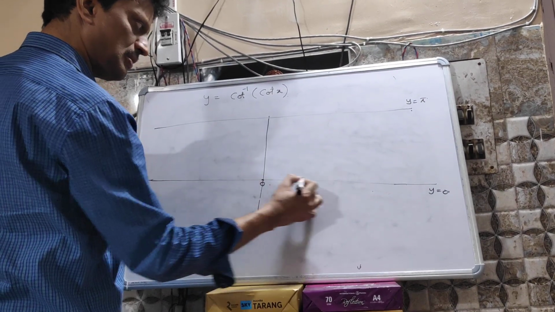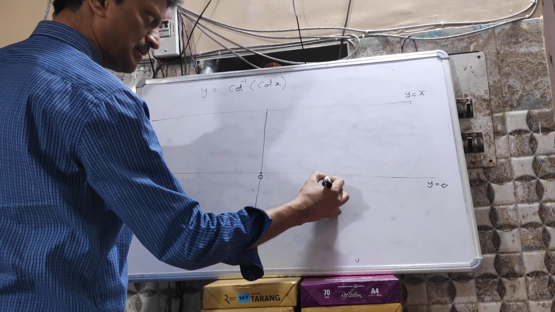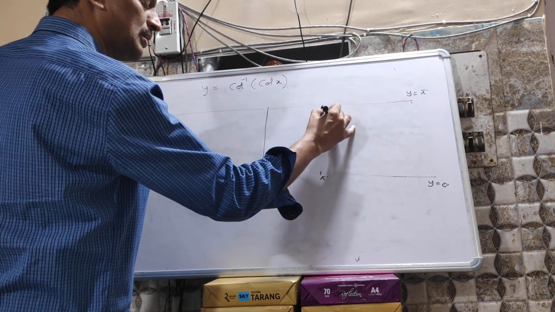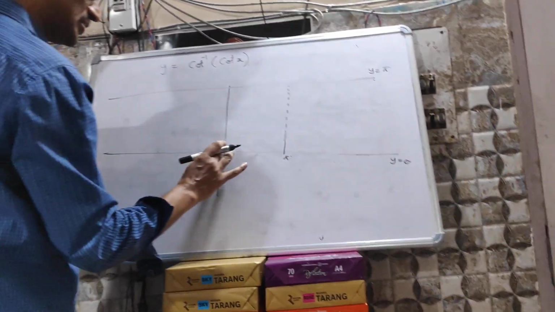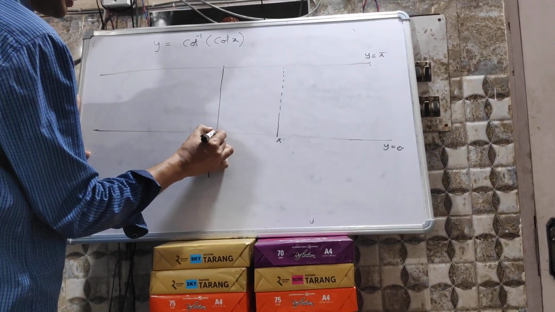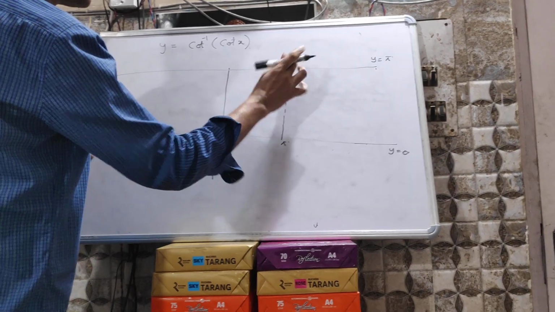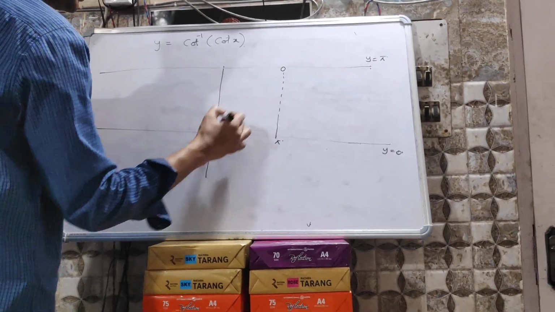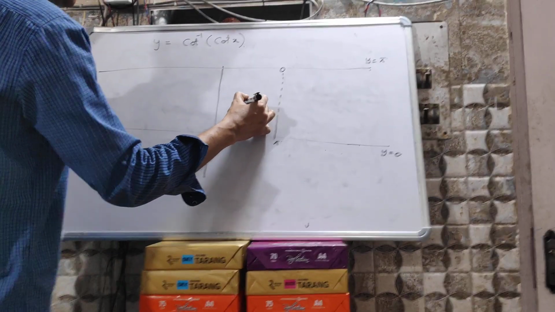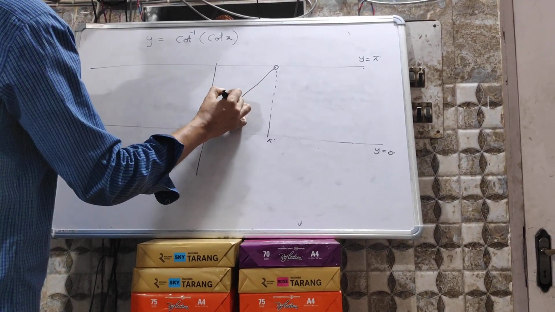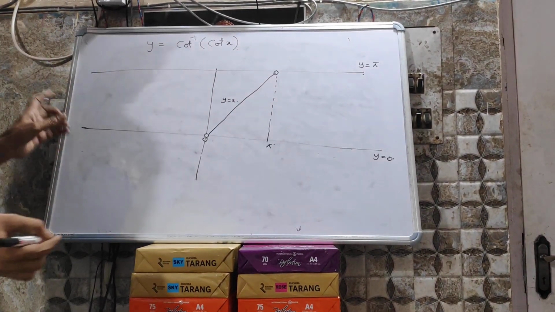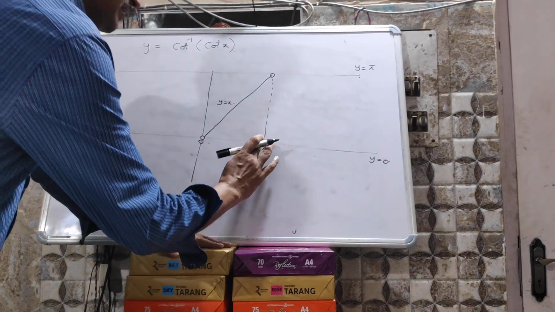So 0, pi, but you cannot take 0 and also pi. So I took open circles, between 0 to pi, y equal to x. This is the graph between pi to 2 pi again.